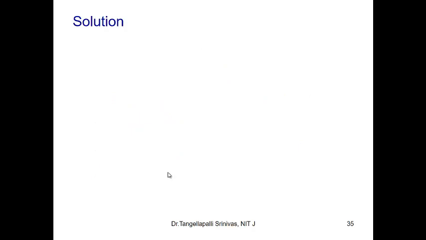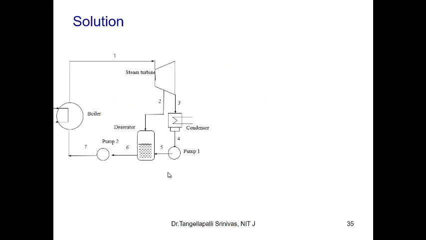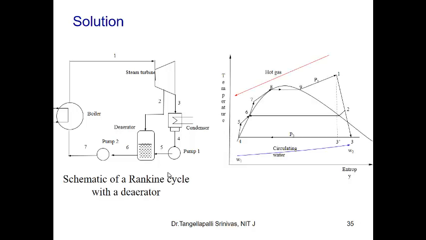Before going to the solution, first we have to furnish the details of the plant, especially the schematic as well as the TS diagram. The first figure shows the schematic of this regenerative Rankine cycle.